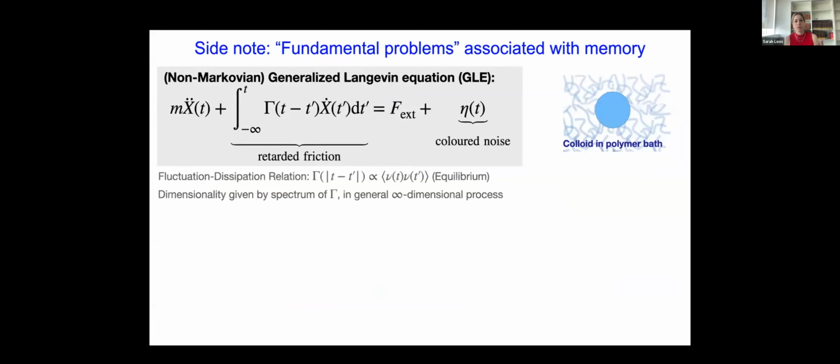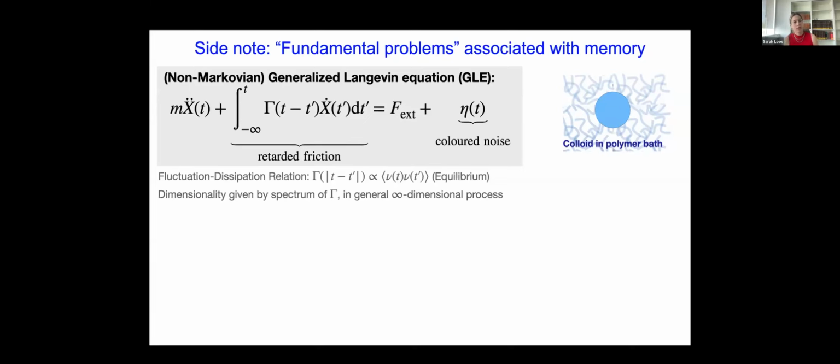So first of all, what's the dynamical description of such a system? Because we're thinking about continuous processes, we use a generalized Langevin equation, which is suitable to describe such a colloid in a viscoelastic system, where you have retarded friction and a colored noise, both introducing memory. If we are in equilibrium, we know that they are related, but that doesn't have to be the case.